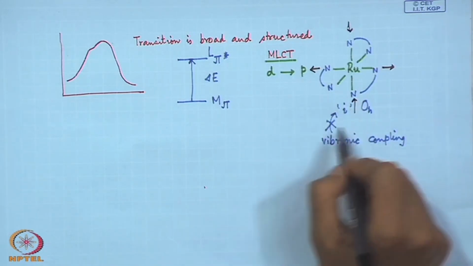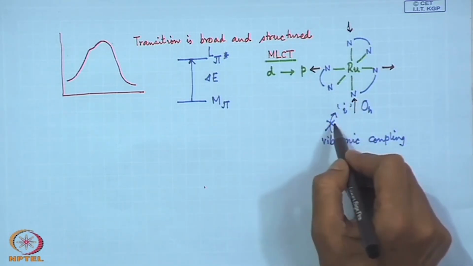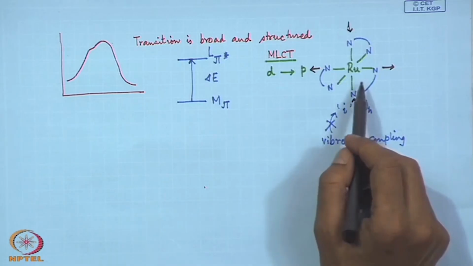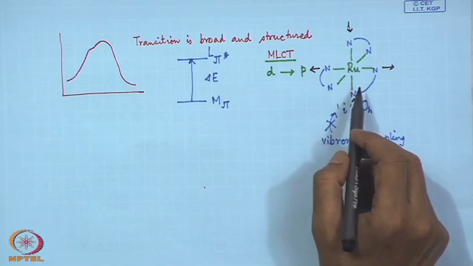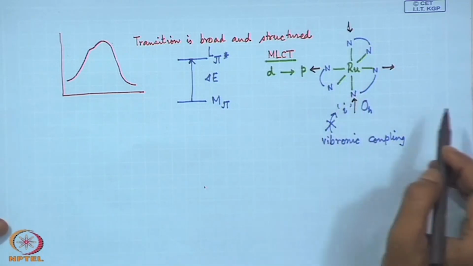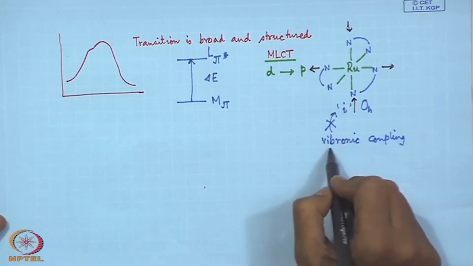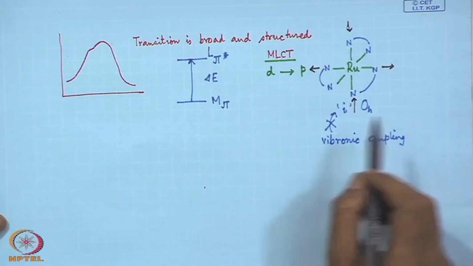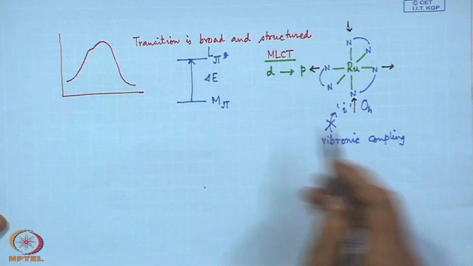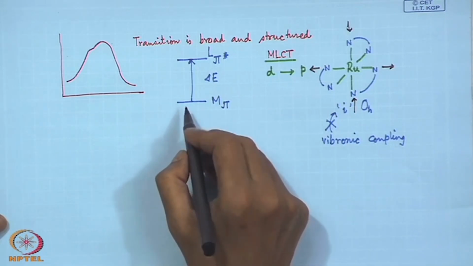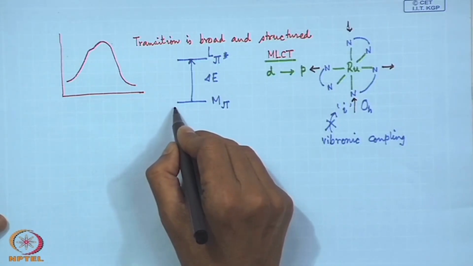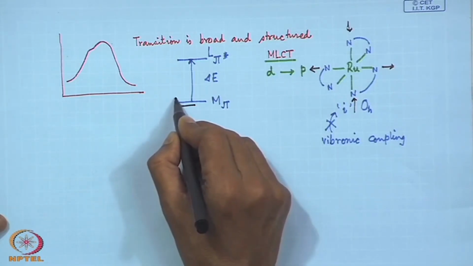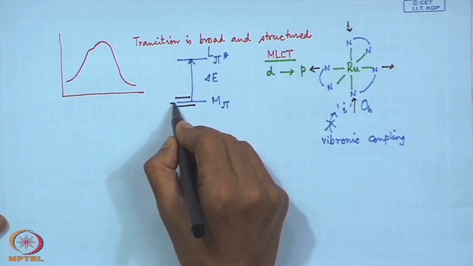So, the I is lost, and it is not typically centrosymmetric, and due to that loss in centrosymmetry, the symmetry requirement is relaxed, and we have a certain amount of allowed transitions. That vibronic coupling also gives us some other vibrational levels for this molecule.